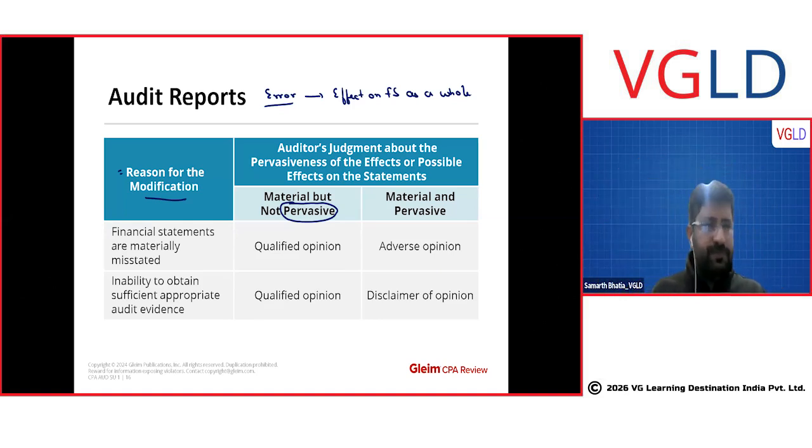If the auditor says, whatever evidence I have collected, I'm unable to obtain sufficient evidence, but I'm still able to collect a lot of evidence, so I cannot give the entire opinion, but some opinion I can give, so I give a qualified opinion. If anything has an effect on the financial statements as a whole, then I'll give an adverse opinion or disclaimer. If not pervasive, then in any case I'll give a qualified opinion.